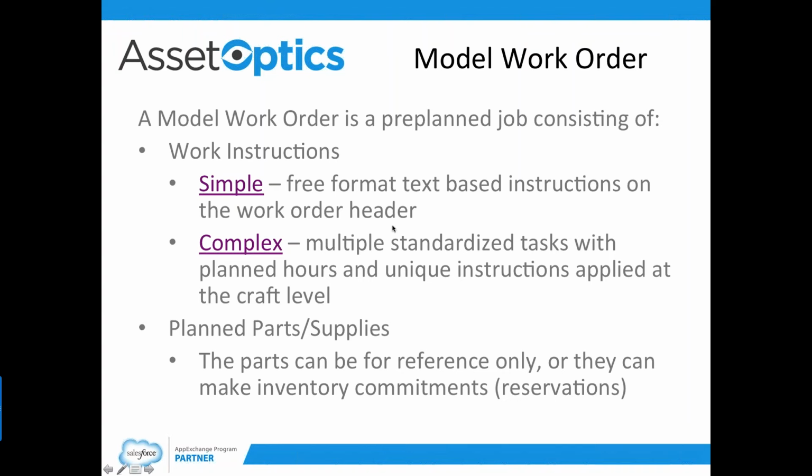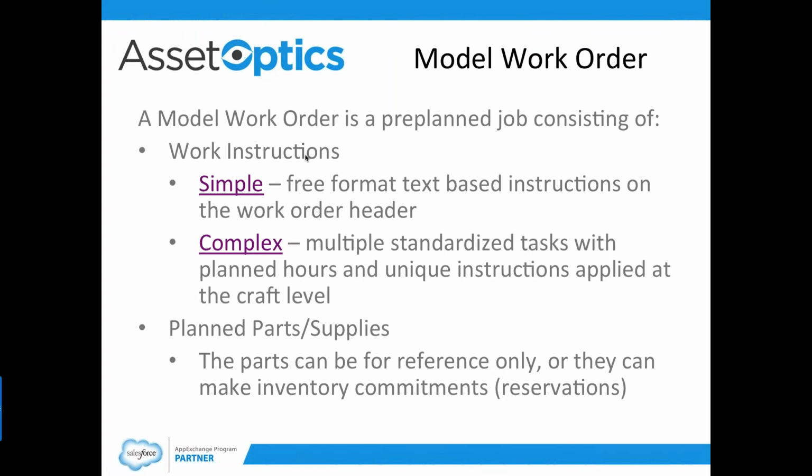A model work order is a pre-planned job that consists basically of 2 things: a set of work instructions and planned parts and supplies. The work instructions can be fairly simple.